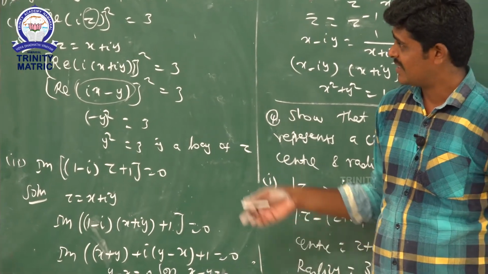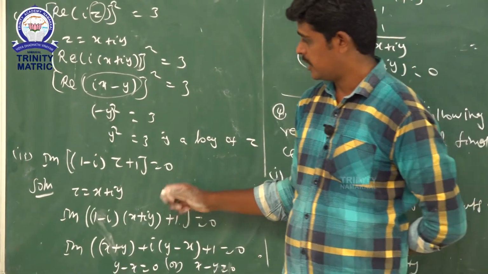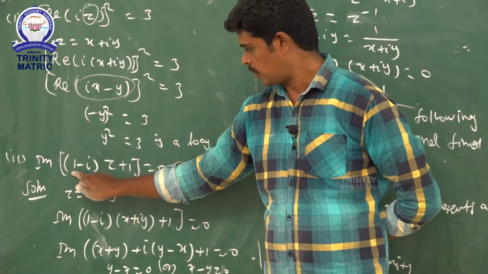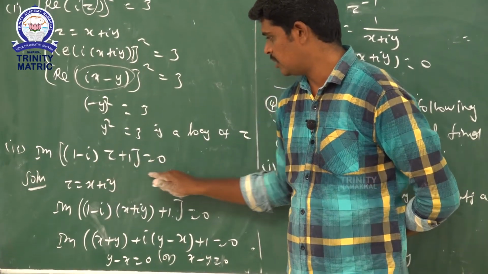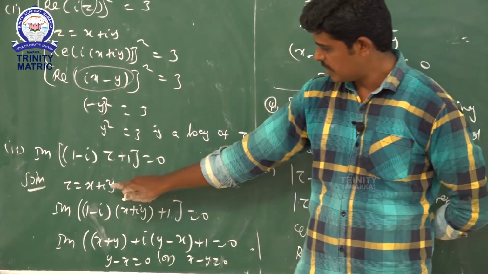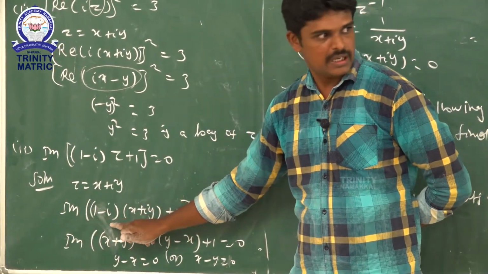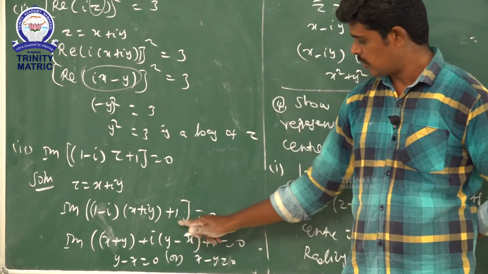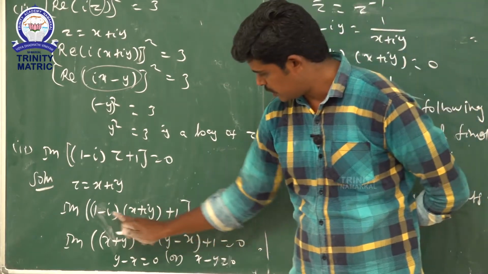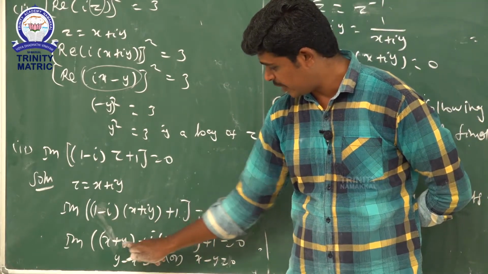Okay, next same type, here imaginary part கேட்டிருக்கு. So imaginary of 1 minus i into z plus 1 equal to 0. What is z? x plus iy, same complex number. Here imaginary of 1 minus i into x plus iy plus 1 equal to 0. Next multiply the two complex numbers, we get real and imaginary parts.